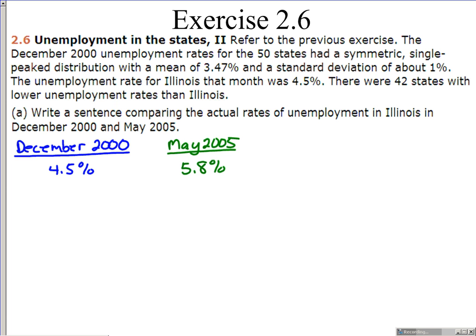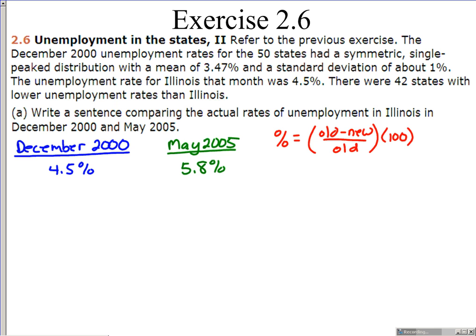Well, we want to know what the percent change is from December of 2000 to May of 2005. And you need to be careful when you compute this. You can't just look at this and say that it went up by 1.3%, because there's more to it than that. Percent change is always found by taking the new amount minus the old amount, dividing by the old amount, and multiplying it by 100 to change it into a percent.